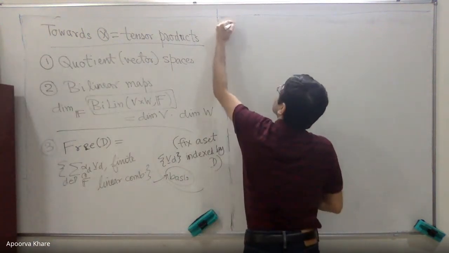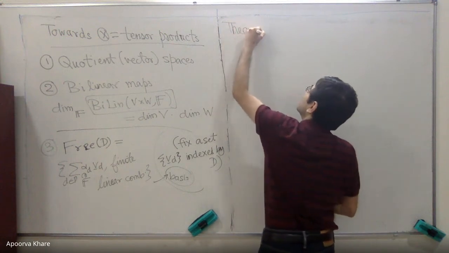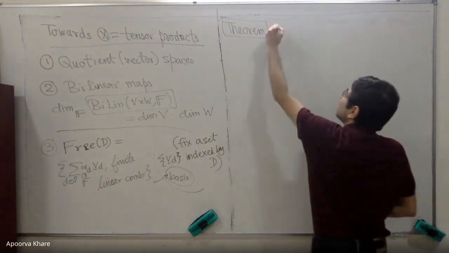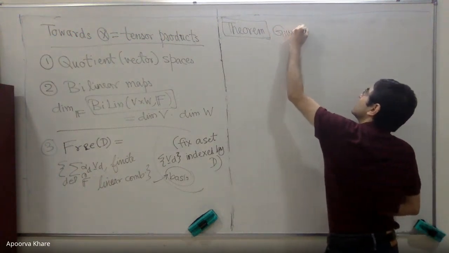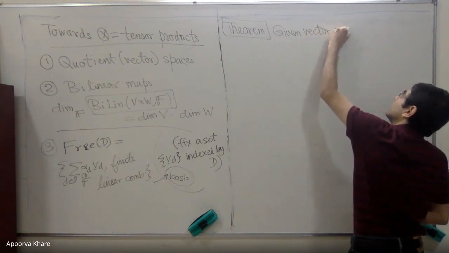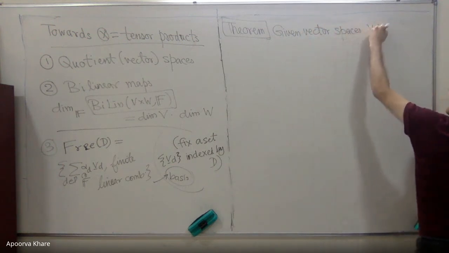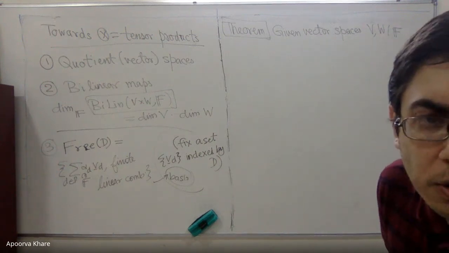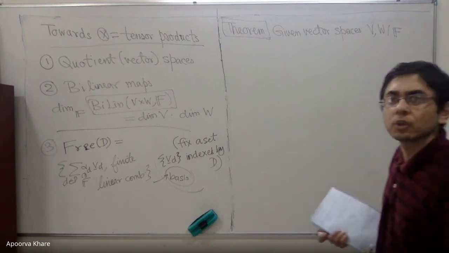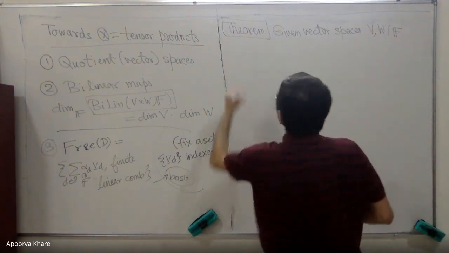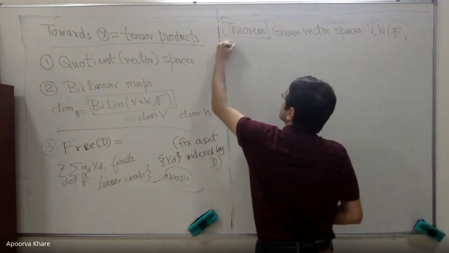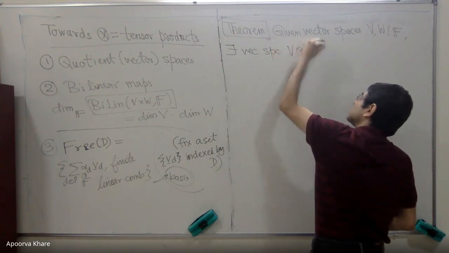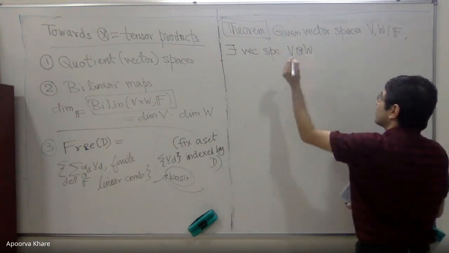So, theorem. Given vector spaces V and W over F, there exists a vector space, which I will call V tensor W over F again, with the following property.